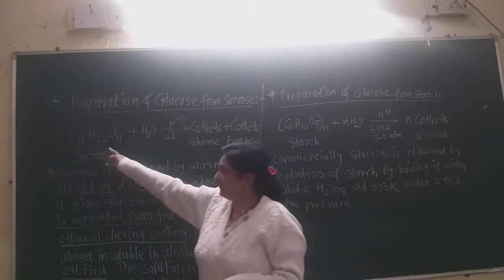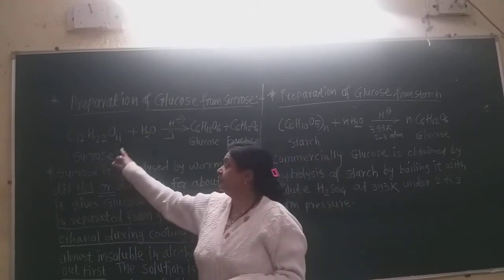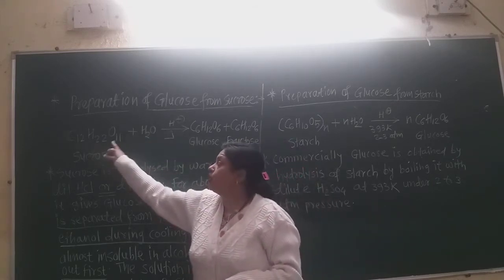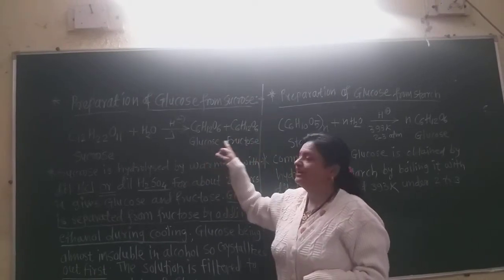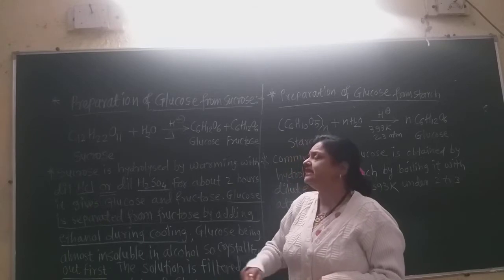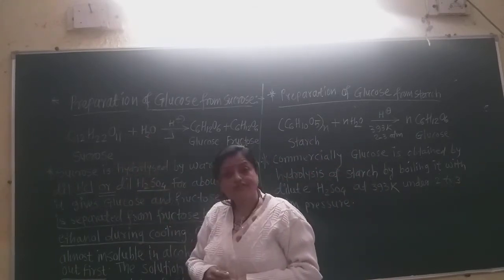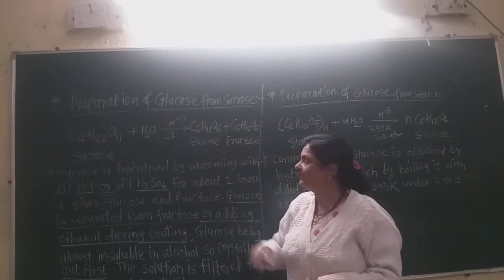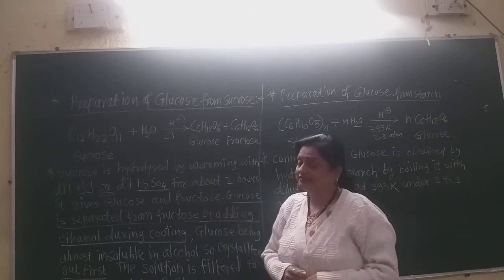Now there are 22 hydrogen atoms in the sucrose and in water there are again 2 hydrogen atoms, so a total of 24 hydrogen atoms, which means 12 hydrogen atoms in each of glucose and fructose. Oxygen atoms are 11, and in water there is 1 oxygen atom, totally 12 oxygen atoms, so each monosaccharide contains 6 oxygen atoms. Now this reaction can be balanced.